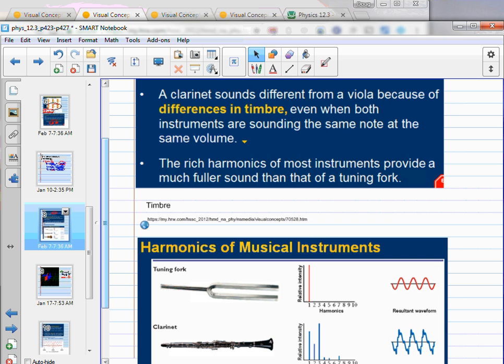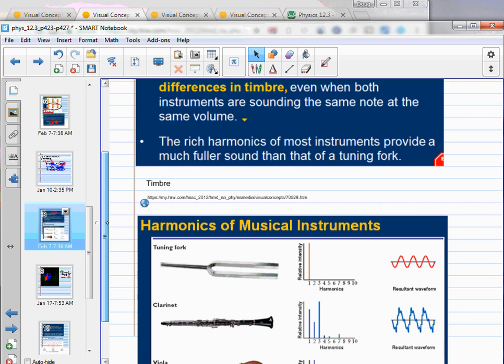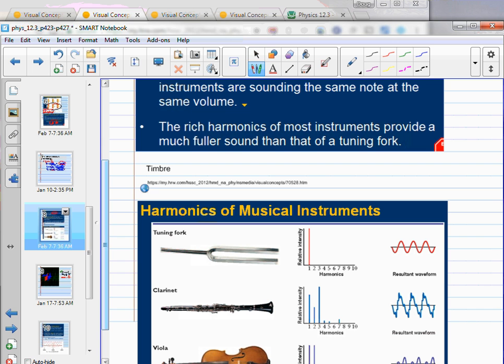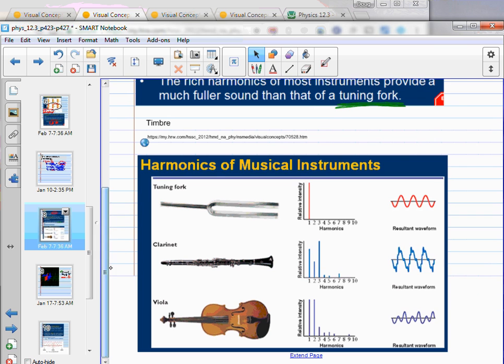The rich harmonics of most instruments provide a much fuller sound than that of a tuning fork. If we did a tuning fork, all we would see is that one fundamental frequency right there. A tuning fork is just going to play one. It's not going to play more harmonics with it. It only is one.